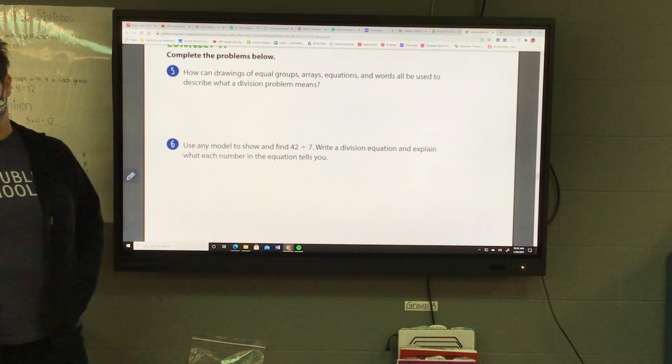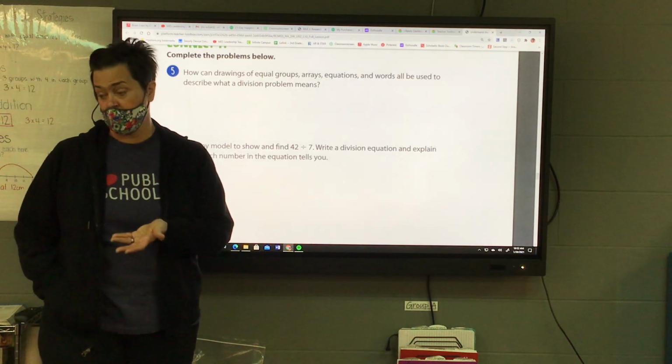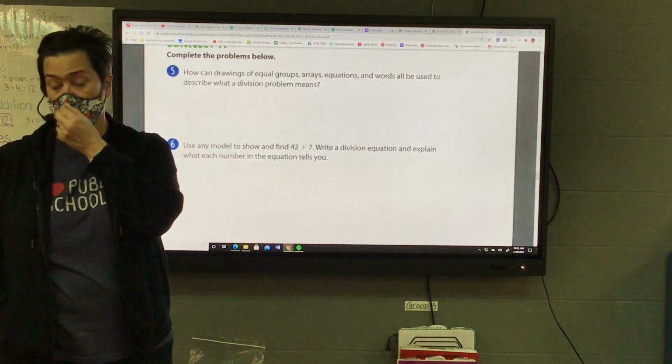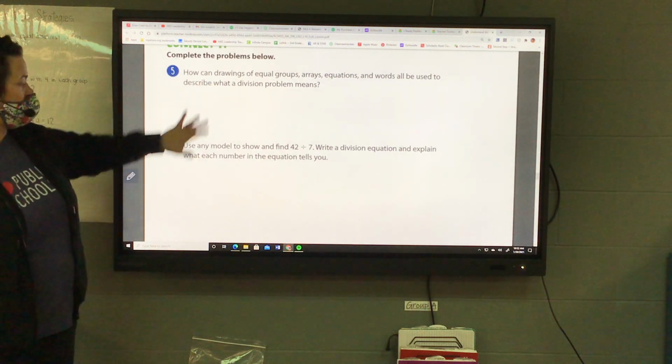Right, using that strategy of multiplication to help us make sure that we solved our division problem correctly. You're absolutely right.